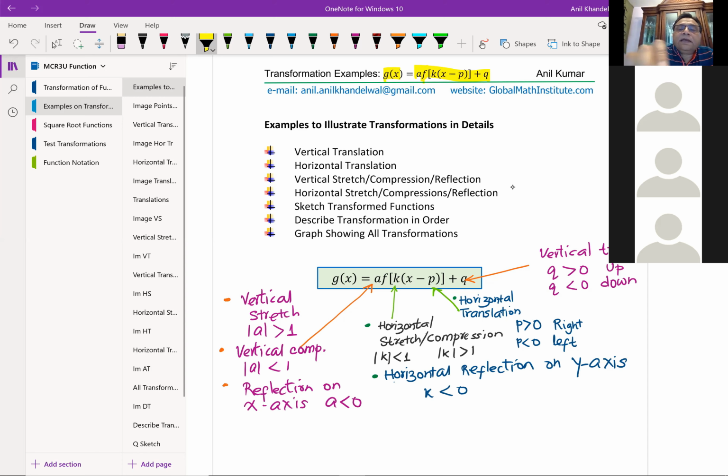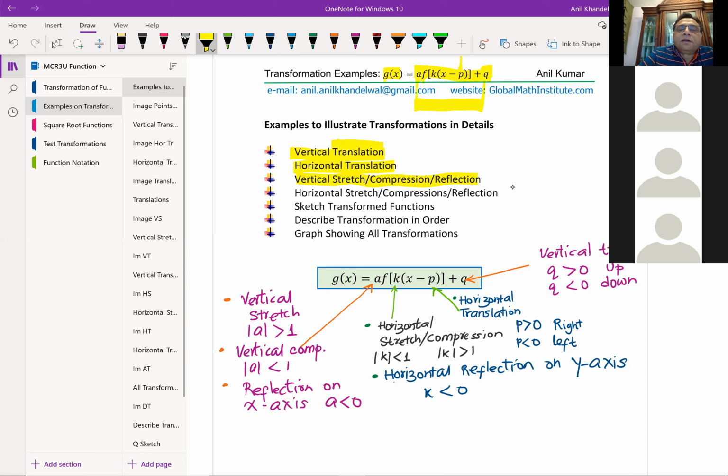Now, we'll take one by one all kinds of transformations. We'll begin with the vertical translations. So the vertical part is actually governed by the outside parameters a and q. So when we say translations, then q is affecting the translations. For horizontal translation, the inside part p really affects the horizontal translations. Then we'll talk about vertical stretch, compression, and reflection, which is governed by the value of a.